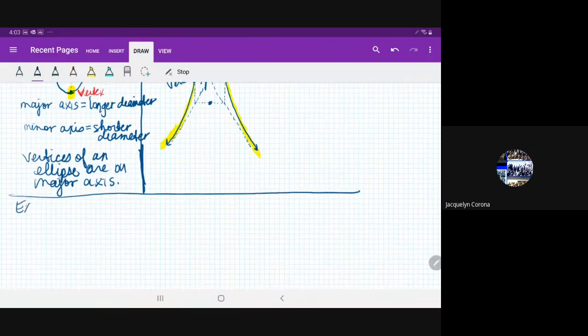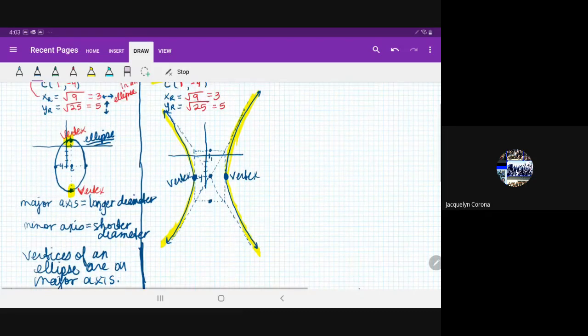So example 3, and this would be the one that if you do conic sections in a class in college, you're going to want to make sure that this example 3 is one that you would study before the test, because this is the weirdest one. Okay, so this one, let's have the same, but I'm going to put y first.